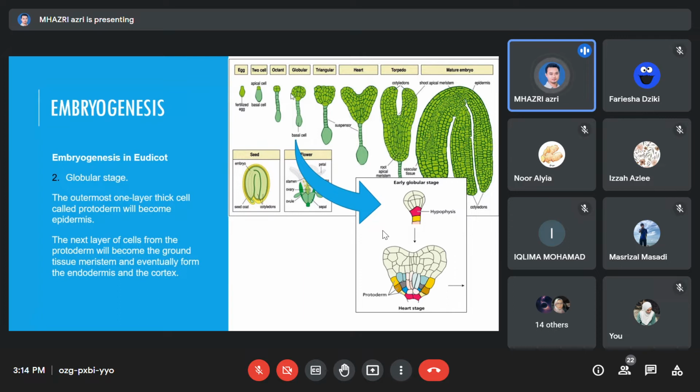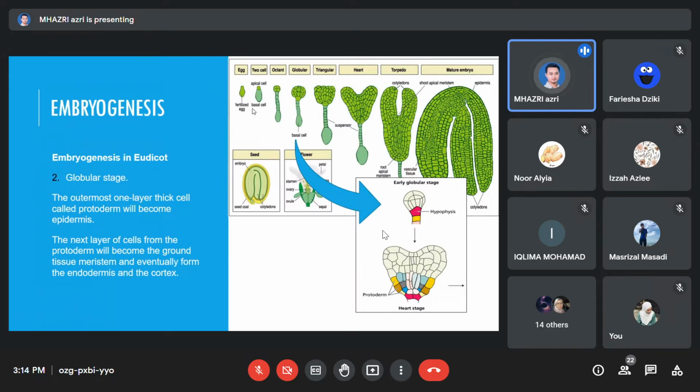proto, what is meant by proto? Apa dia proto? Selain protoderms, apa lagi dalam sains proto? Proto maksud dia maksudnya initials, okay. Later if protoderms, it will produce dermis, okay.